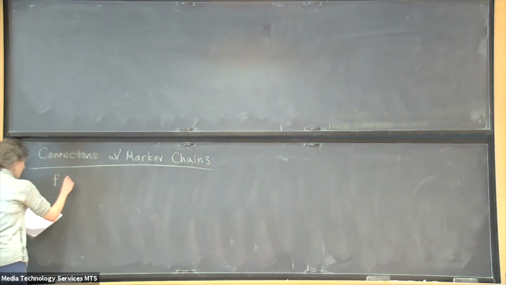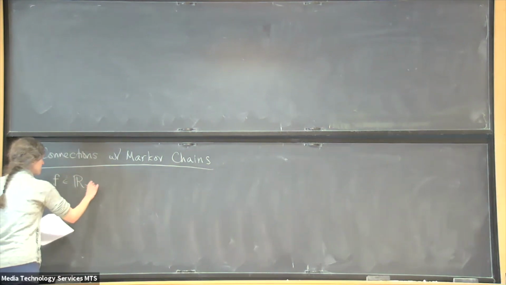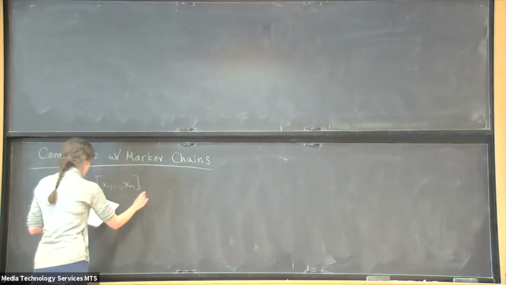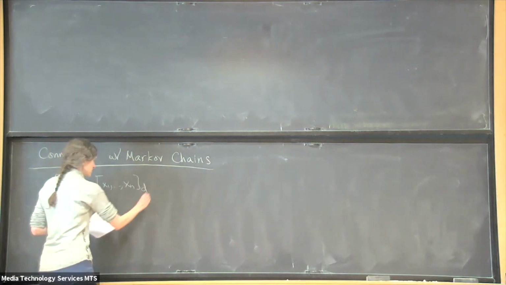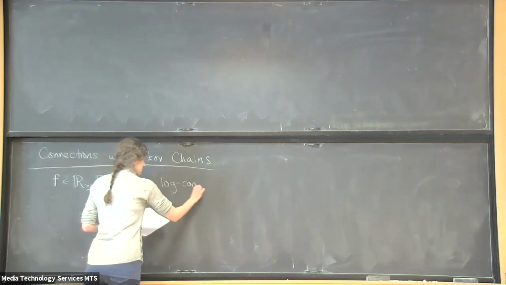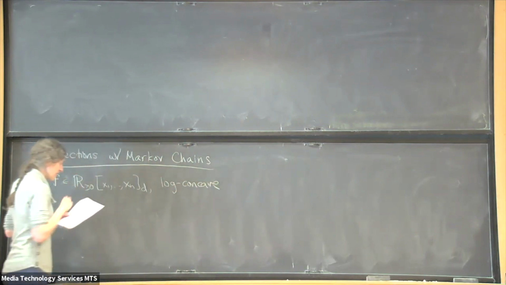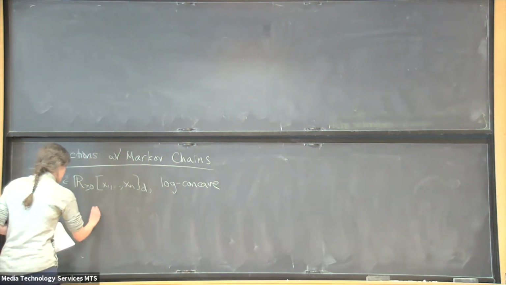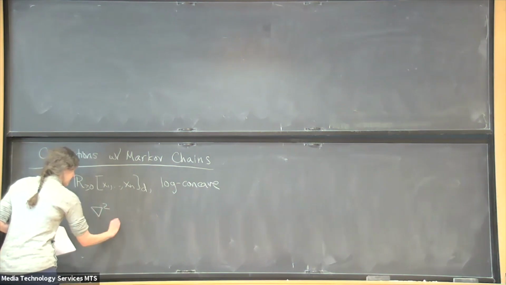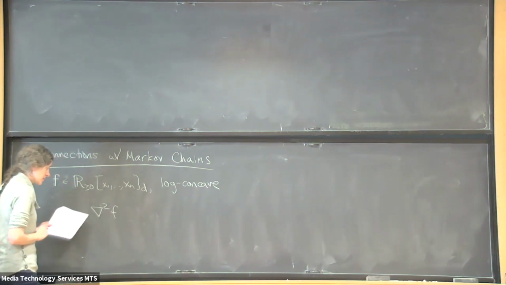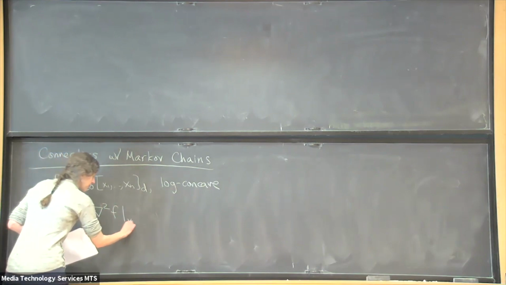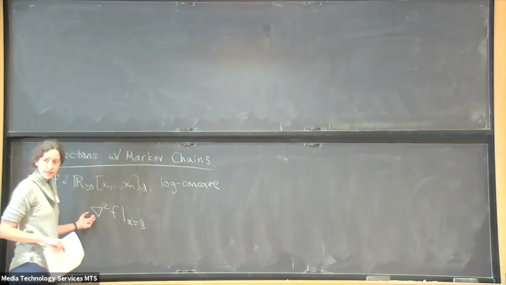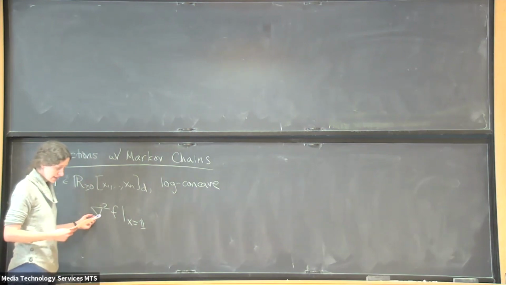Again, I'm going to assume I have a log-concave polynomial. Then I can take the Hessian of this polynomial and be interested in evaluating it at the vector of all ones. So this will be an n by n matrix, symmetric, with non-negative entries.